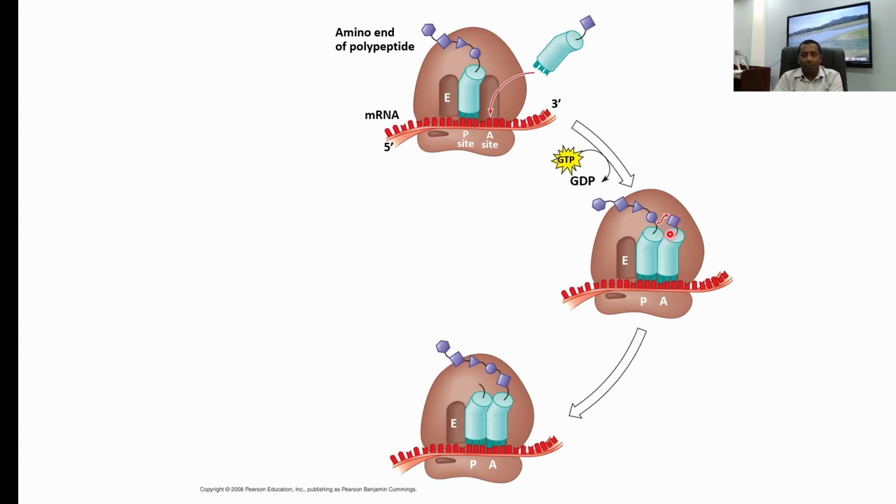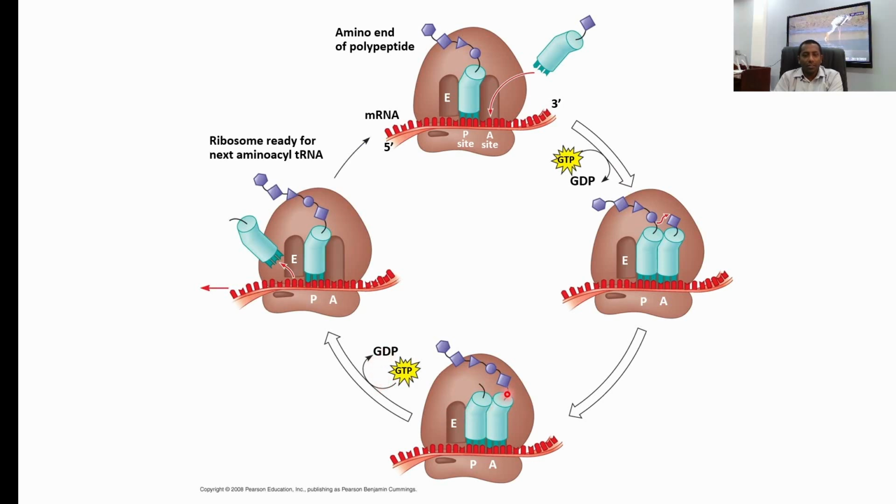Then the tRNA molecule transfers its amino acid to the growing polypeptide chain. You can see now the polypeptide chain is connected to the amino acid brought in by the last tRNA molecule.